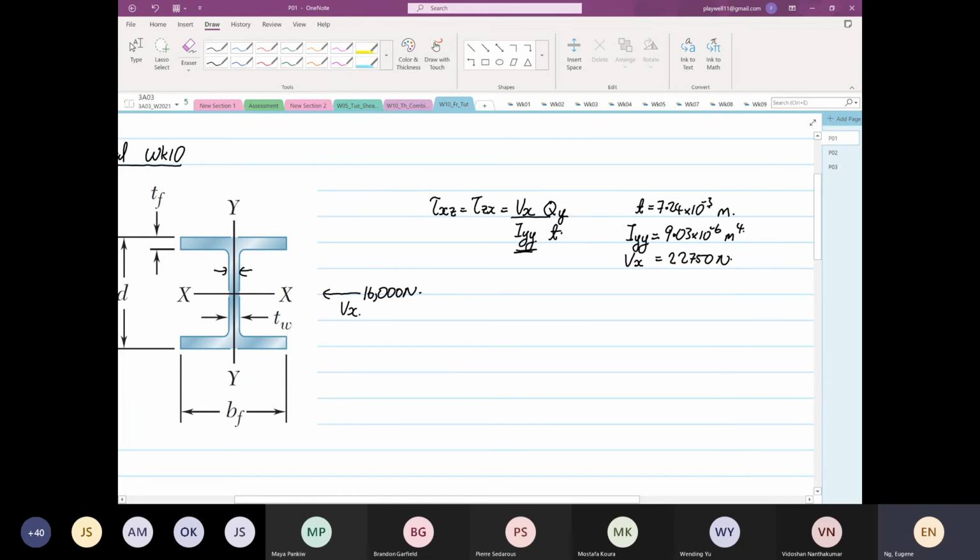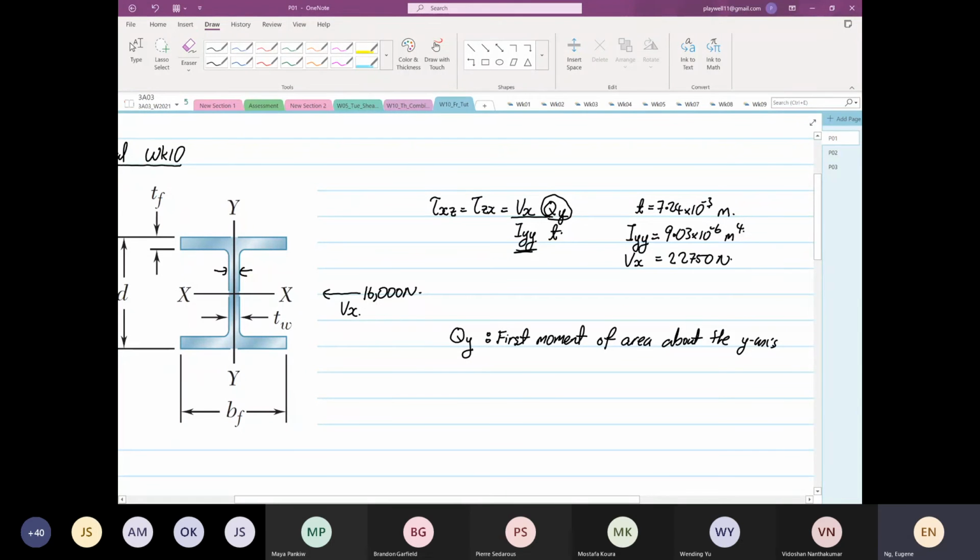Okay, so now, as usual, the issue is going to be Qy. So Qy means first moment of area about the y-axis, right? So the term Qy is first moment of area about the y-axis.